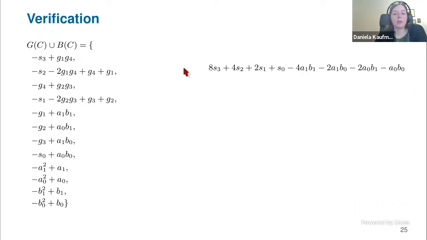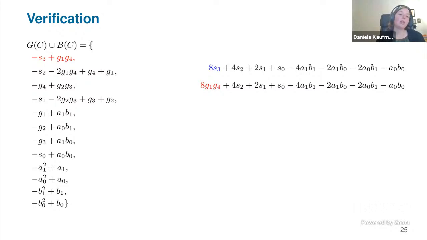Let's now reduce the specification by the first polynomial, by this minus S3 plus G1, G4. Since we have this special shape of the polynomials, where all the leading terms consist only of one variable and the leading coefficient is -1, in our setting the polynomial division actually boils down to always replacing the variable of the leading term, in this case S3, by the complete tail of the polynomial.